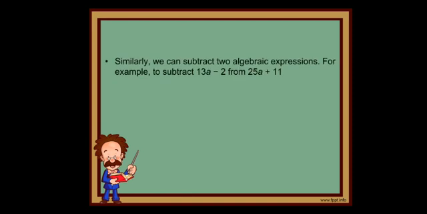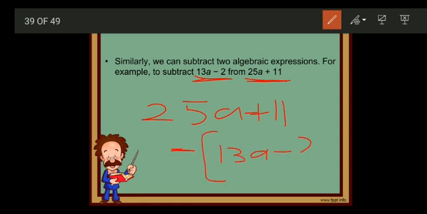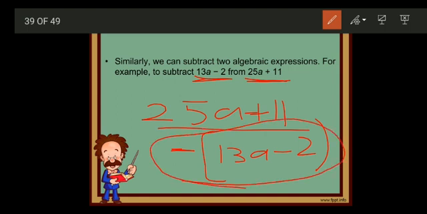So similarly, we can subtract two algebraic expressions. Subtract 13a minus 2 from 25a plus 11. So from 25a plus 11, we have to subtract, write it in bracket, 13a minus 2. So subtracting 13a minus 2 from 25a plus 11 is nothing but adding the additive inverse of 13a minus 2 with 25a plus 11.